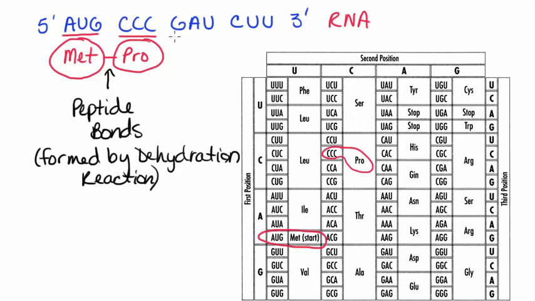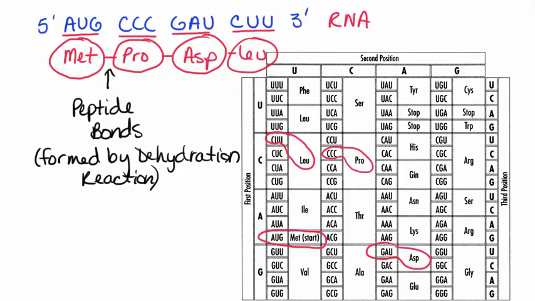If we look at the very next codon, GAU, GAU stands for aspartic acid down here, ASP. And again, another peptide bond, and then we would look up the last one, CUU, and CUU is going to code for leucine.